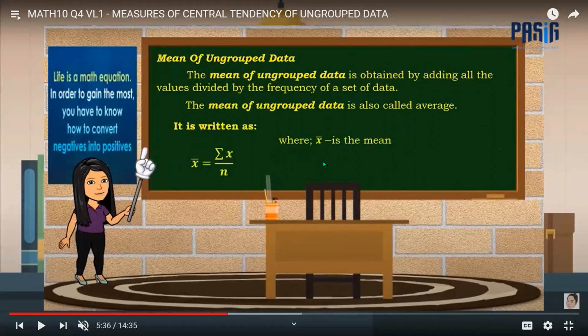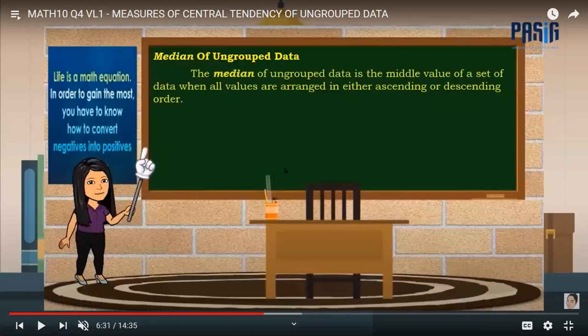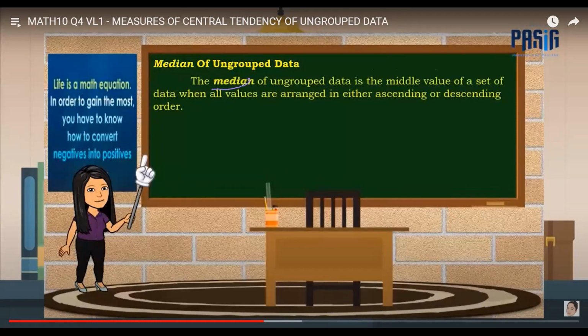So yan, binanggit niya yung formula. And the formula for the mean, kanina, is the sum of the values divided by the n. So alam nyo na yan. Okay? So let's proceed to the median. When we say median of a group, it is the middle value. So yun yung kailangan tandaan.